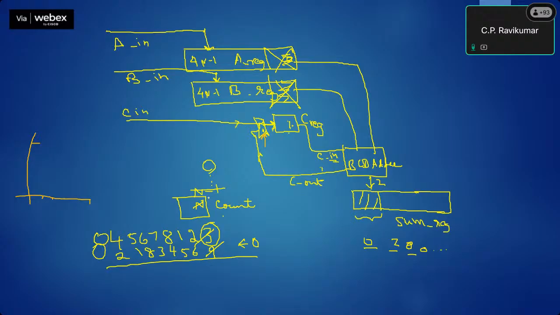But we don't have a separate FSM here, isn't it? We do not have a separate FSM to control the entire thing. The counter is inside. So we need a very trivial unit, it takes the clock and the reset.